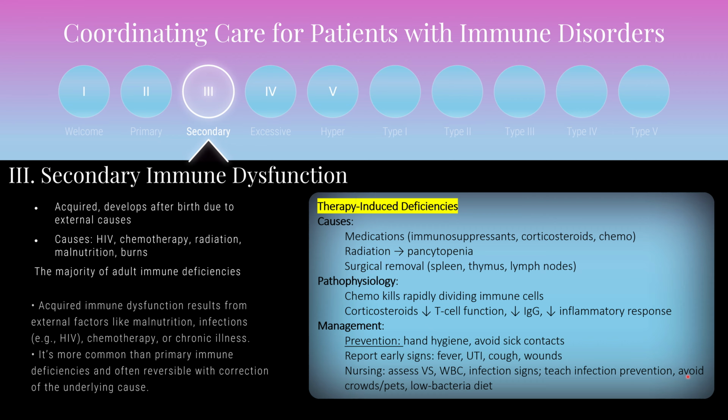The management is to prevent infection: hand hygiene, avoid sick contacts. So with this, like in NCLEX, when you have safety and infection, we are all going to get in NCLEX questions about avoiding sick contacts and how important hand hygiene is.